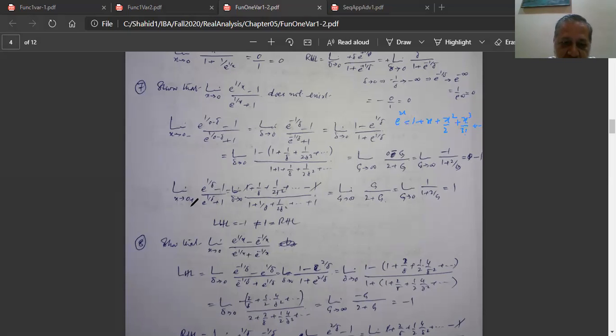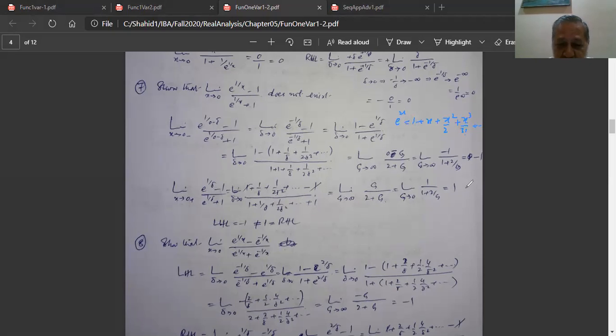And when we work out from the right hand side, we will have this thing, e power positive 1 upon delta, expansions written, and 1 cancels in the numerator, 1 adds in the denominator to become 2, so T upon 2 plus T, and that goes to 1.